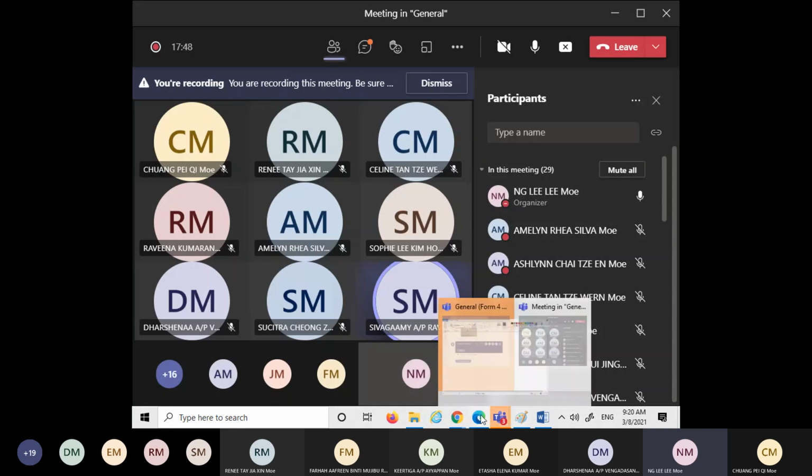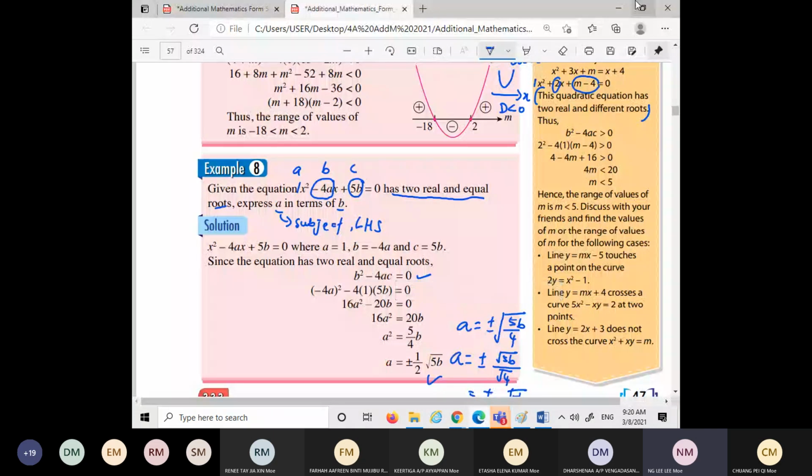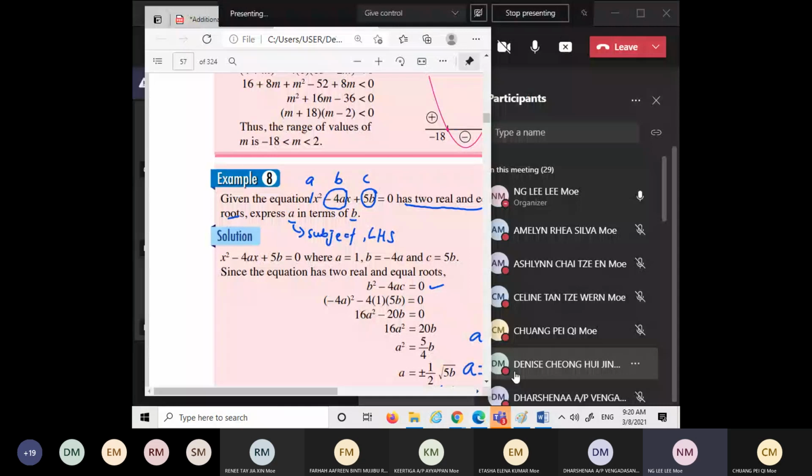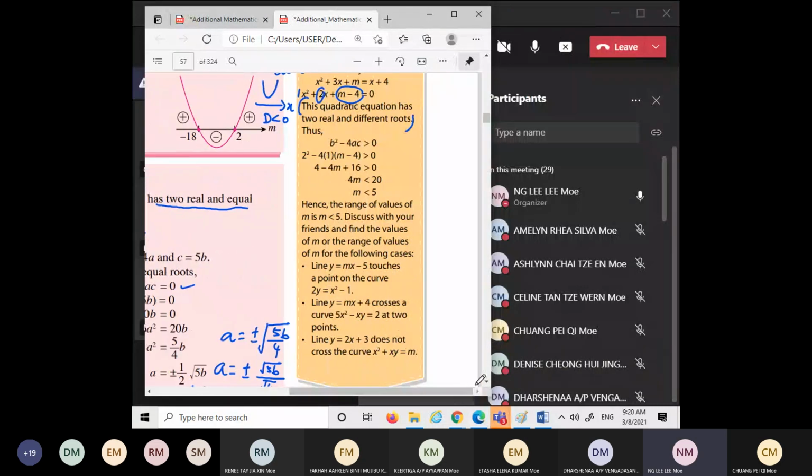Okay Siwa, I go back to the screen. Look at this question. I repeat: line y equals mx minus 5 touches a point on the curve 2y equals x squared minus 1. Can you tell me what the discriminant D should be?